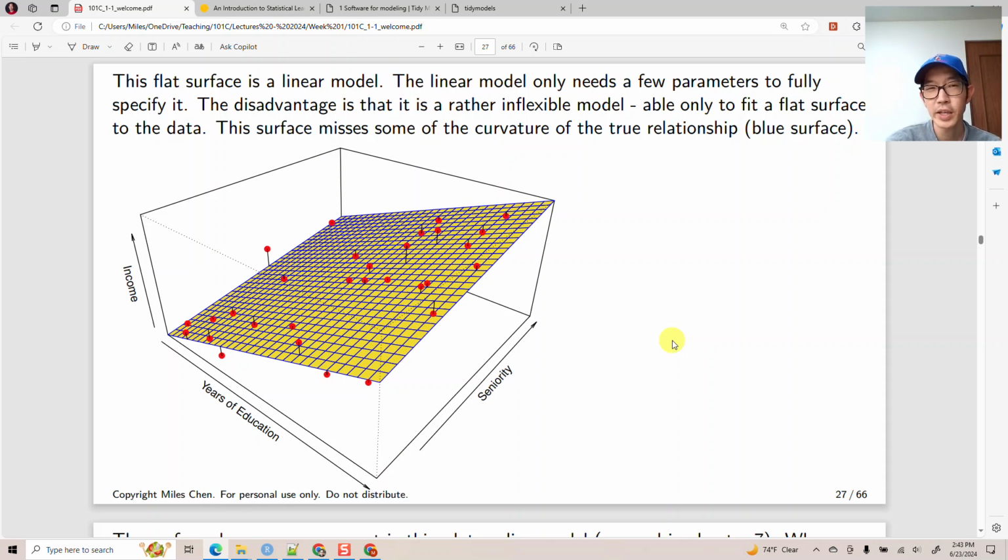So one approach is to use a simple model. This uses a linear model. A linear model in three-dimensional space means just a flat plane. This only needs a couple parameters to fully specify. And so what we see is that the relationship between income and years of education is a straight line. The relationship between income and seniority is also a straight line.